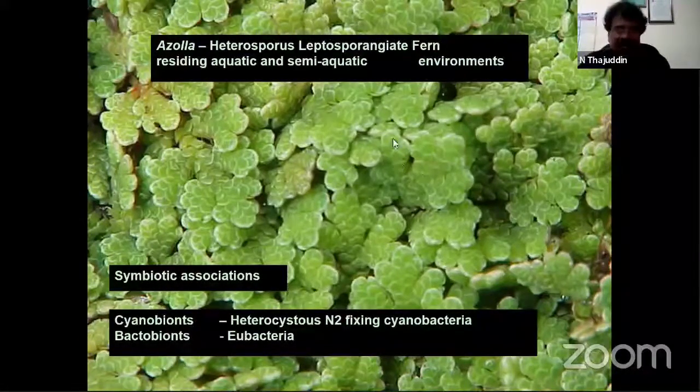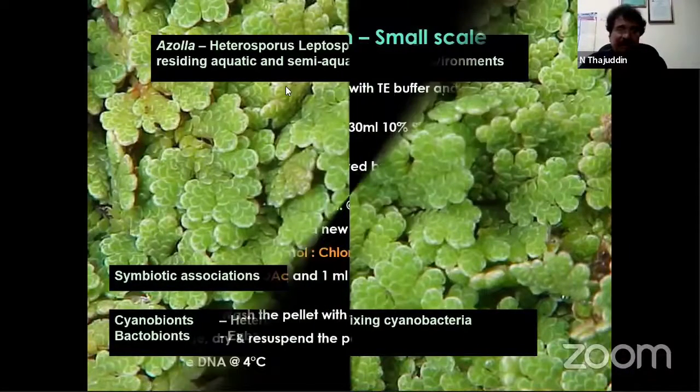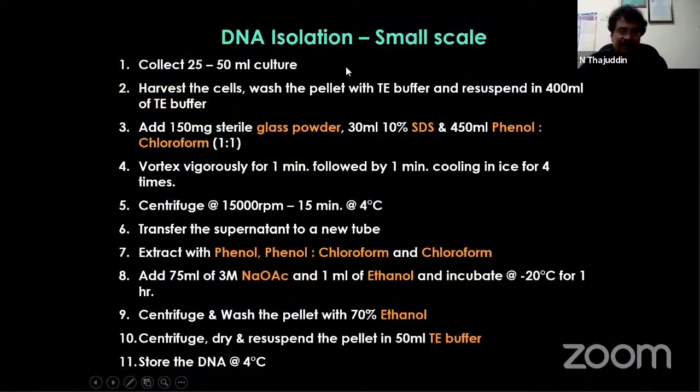So we use the crude extract of all the symbiotic forms and isolate the DNA. We have crude extracts of Cycas coralloid roots, Azolla and lichens, and we have the DNA from each of the three sources. This is the basic DNA isolation method. I am not going to detail it.